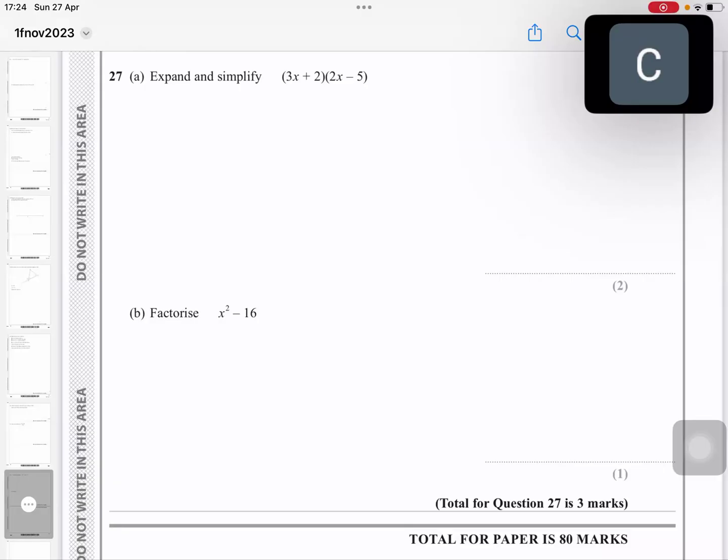Okay? Then that will give you minus 15x. And then what's the next bit? We're done with the 3x. You now take plus 2 from the first bracket where you had 3x plus 2. Take plus 2 and multiply by 2x, that's 4x. And take plus 2 and multiply by minus.